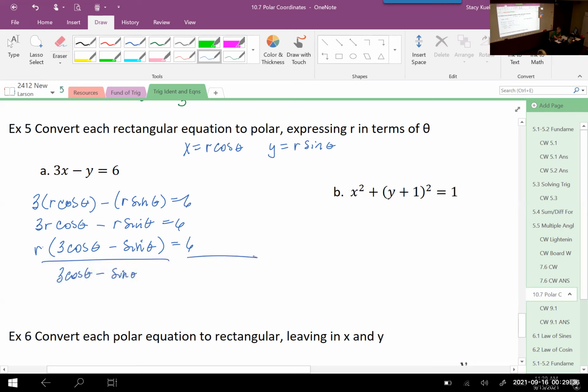Wouldn't r be the coefficient though? r is a variable, and whatever is in the parentheses is in essence the coefficient. So r equals 6 divided by 3 cosine theta minus sine theta. That's the equivalent polar equation.